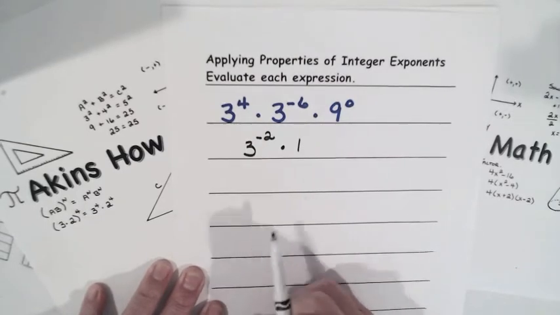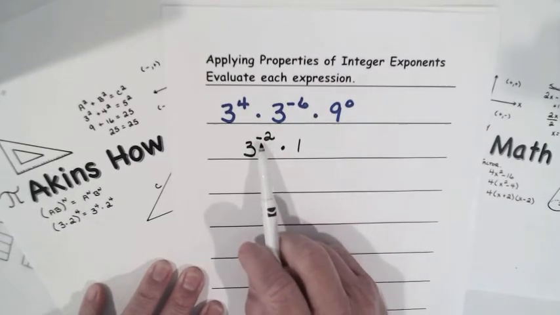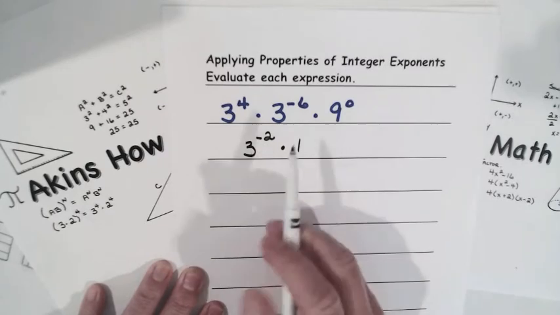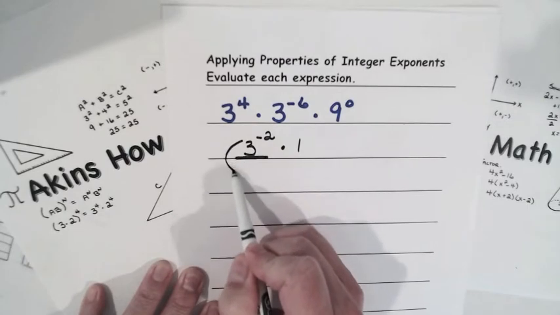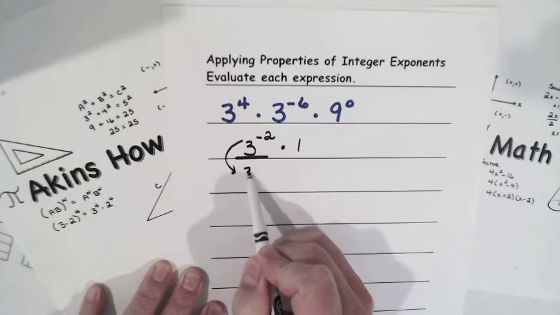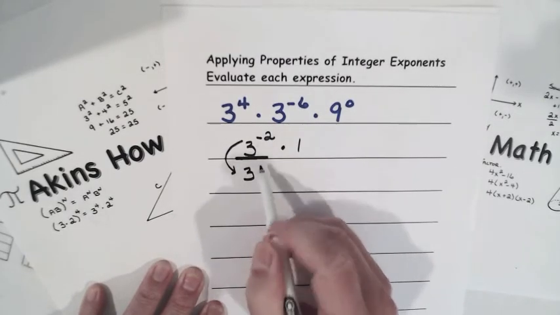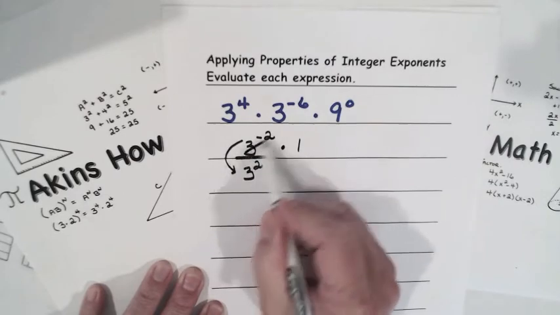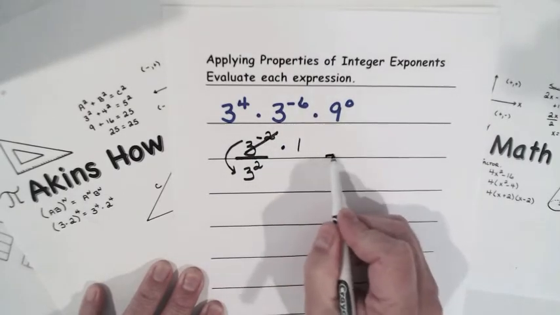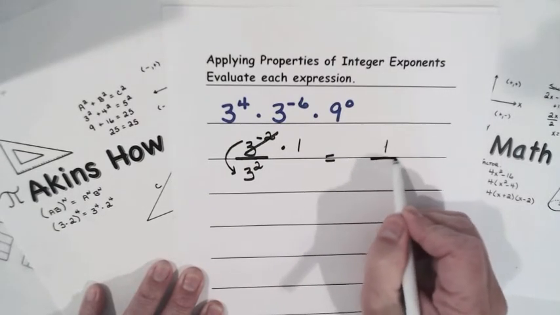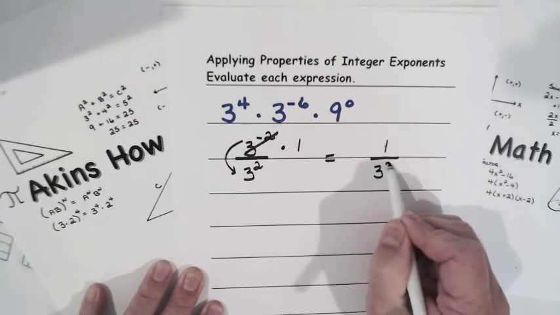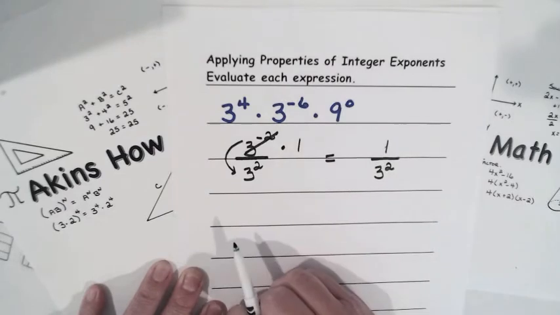Next property I'm going to use is the fact that I've got a negative exponent. Anything with a negative exponent needs to be moved across this division bar into the bottom, and that exponent sign needs to change. So I've got a 1 left over in the top, and 3 to the 2nd power now in the bottom.